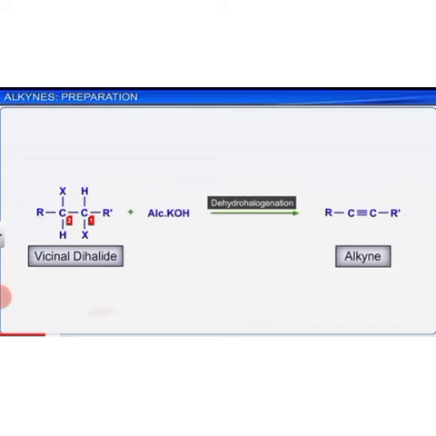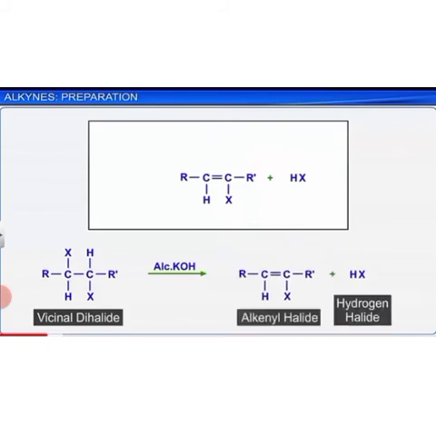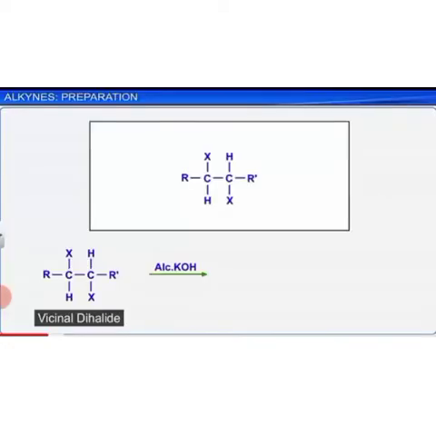In dehydrohalogenation, first, an atom of halogen on one carbon and an atom of hydrogen present on the adjacent carbon in the alkyl dihalide are eliminated as one molecule of hydrogen halide. This results in the formation of an alkyl halide. This alkyl halide, when treated with a strong base such as sodamide, eliminates another molecule of hydrogen halide, resulting in the formation of an alkyne.